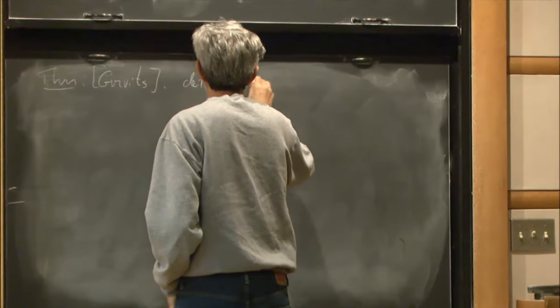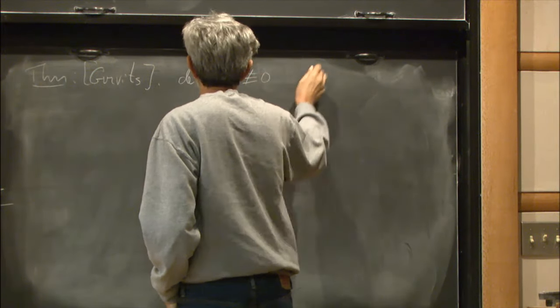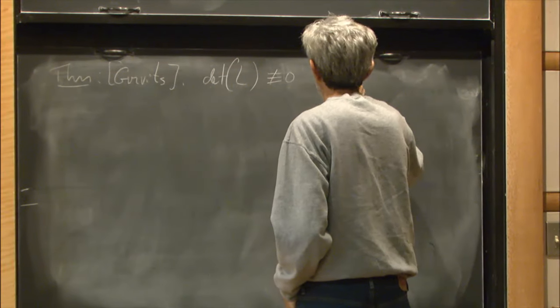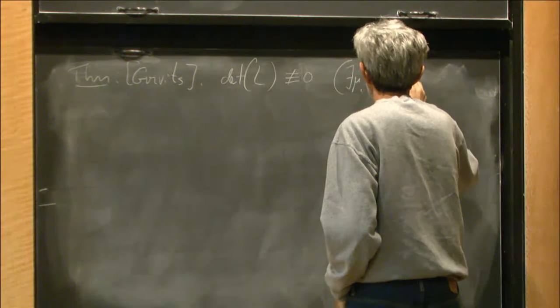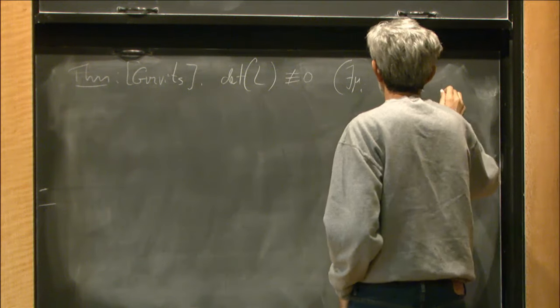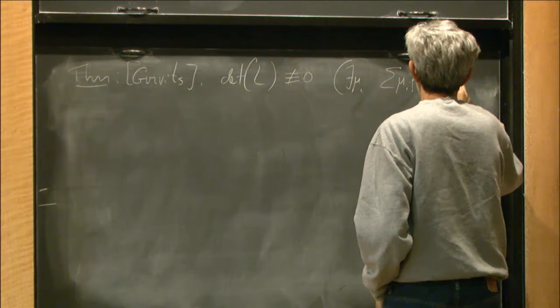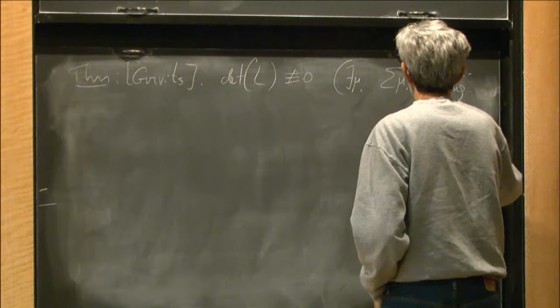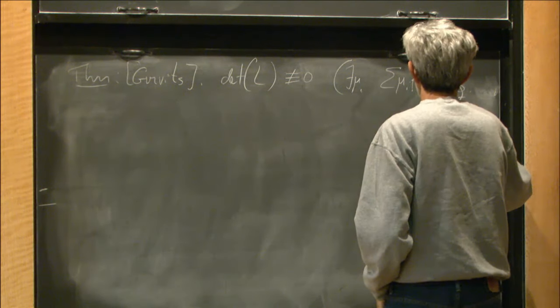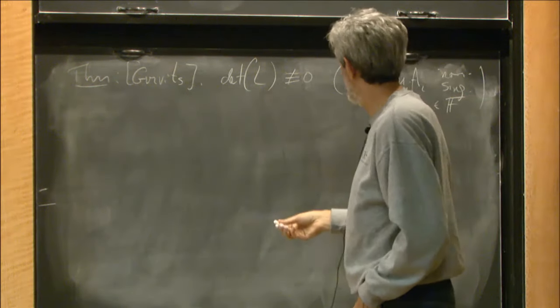the determinant of L is non-zero, not identically 0, so there exists mu_i such that some sum of mu_i A_i is non-singular over F, where the base field here will be the complex numbers.